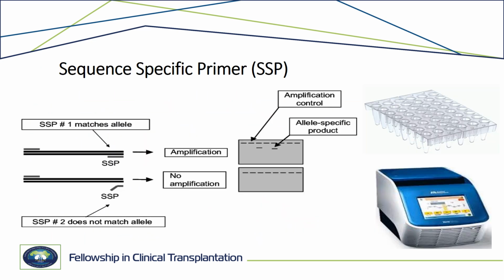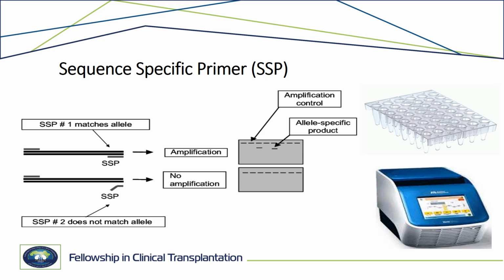So, as I mentioned before, you need a high resolution typing to resolve the ambiguities that happen from the Luminex or the SSO, which is the sequence specific oligonucleotide. In the lab, we use more specific primers, and this technique is called sequence specific primer.